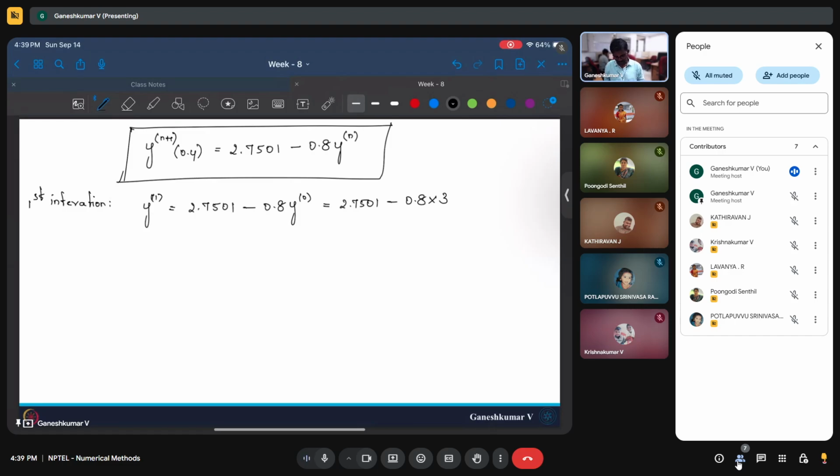So if you substitute that, this comes out to be 0.3501. Now your second iteration is going to be simply 2.7501 minus 0.8 times y of 1. So you just repeatedly substitute whatever value you got from the previous iteration until you see some convergence.